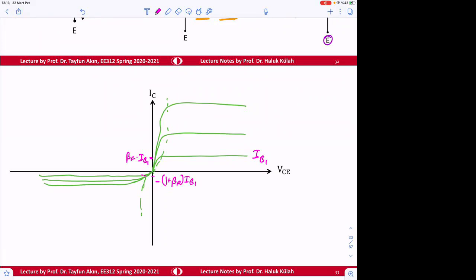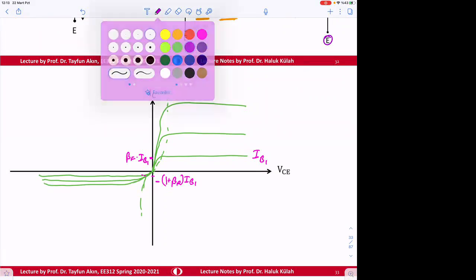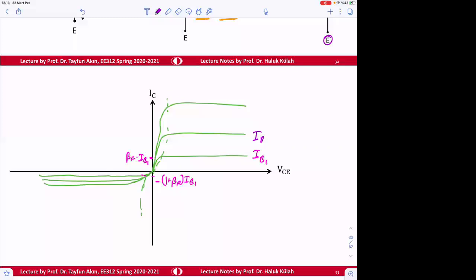And this is, let's say, I base 2. This will be beta f times I base 2. And this value, whatever it is going to be, minus 1 plus beta R times I base 2. But more than this, what we did in this model is like this.